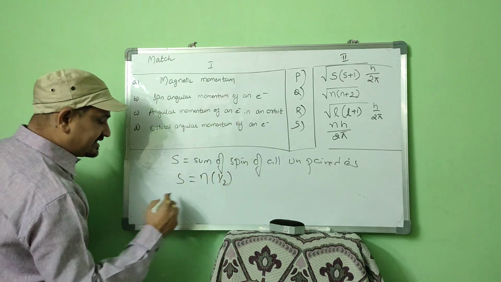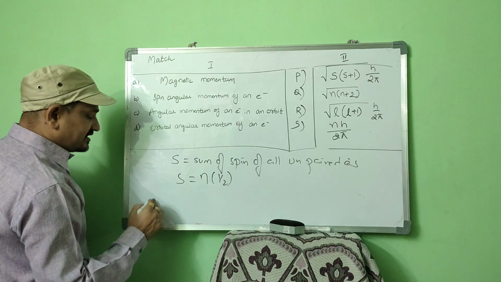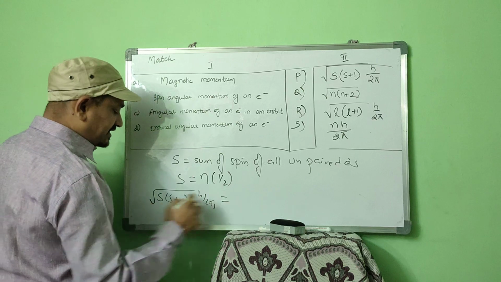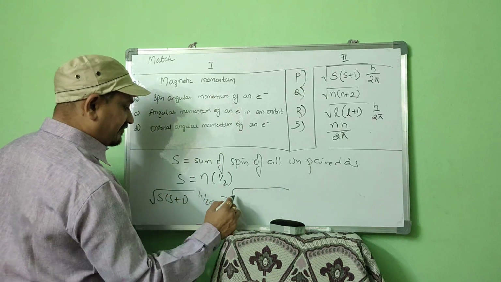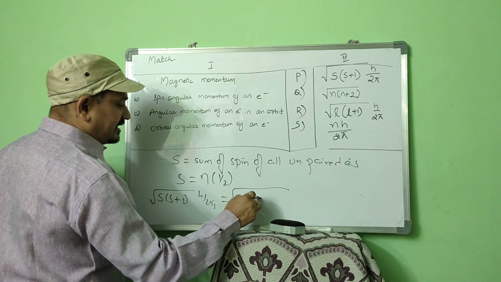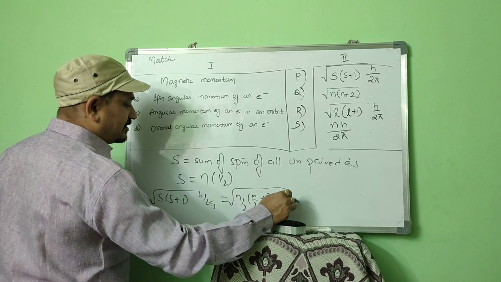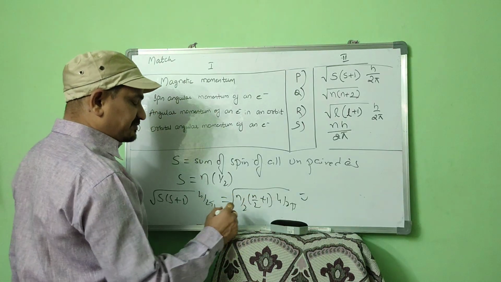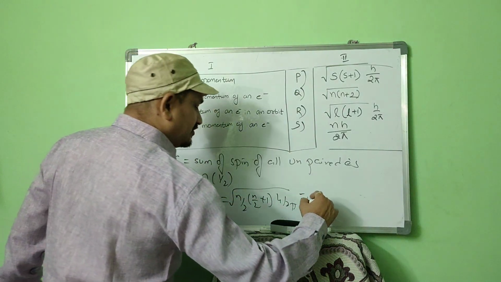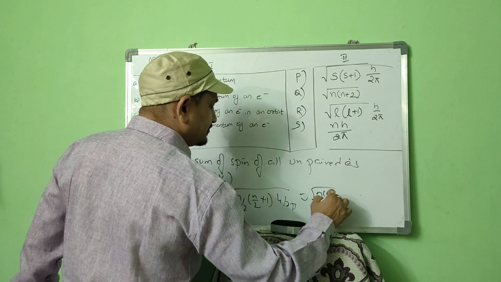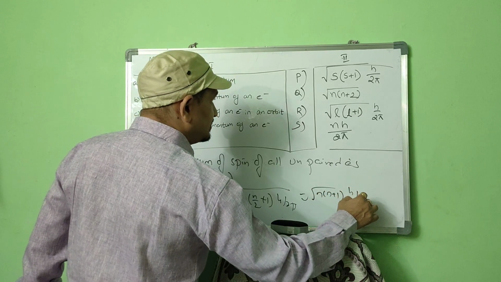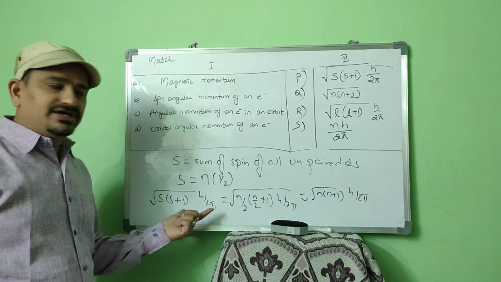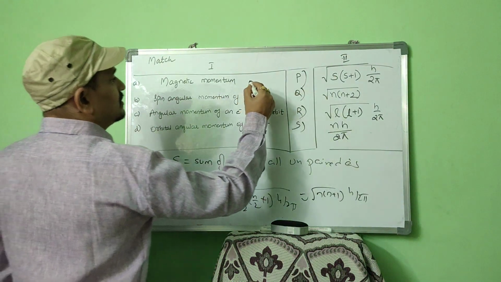If you substitute this n by 2 in that formula, root of s into s plus 1 into h by 2 pi, substitute s with n by 2, root of n by 2 into n by 2 plus 1 into h by 2 pi. On simplification you get root n into n plus 1 into h by 2 pi. Right. So this formula corresponds to magnetic moment.